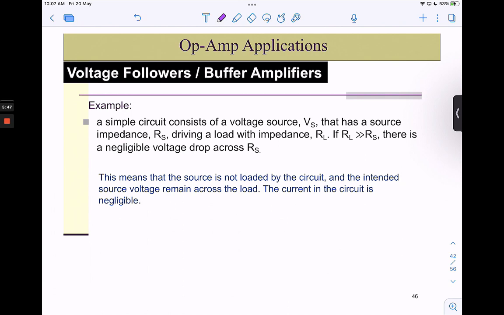With this kind of configuration, we can see that only about 0.1 volt drops across the internal resistance of the source, so we can deliver 9.9 volt to the load. So it is a good circuit that we have designed.